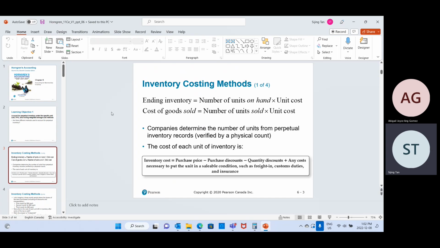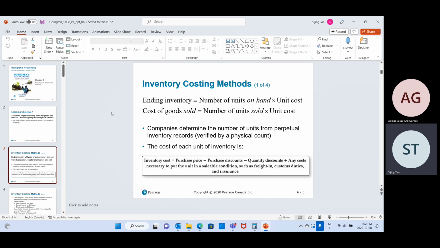We're going to talk about the perpetual inventory system and the importance of inventory to merchandising companies, right? And there are also some key terms we have learned from last class: ending inventory, the cost of goods sold, the gross margin, and unit costs. For the perpetual inventory system, we need to maintain a continuous record for each inventory item.